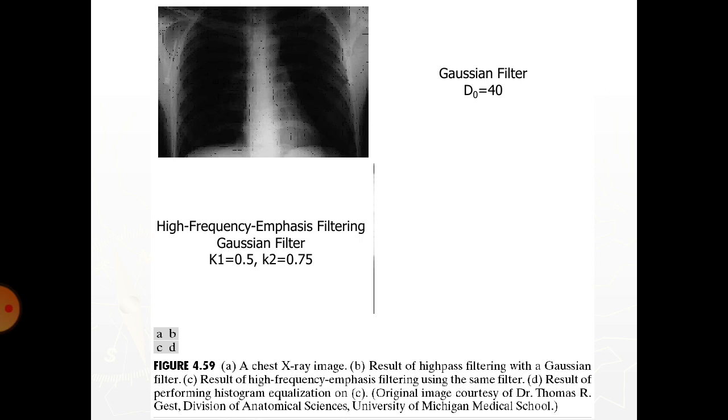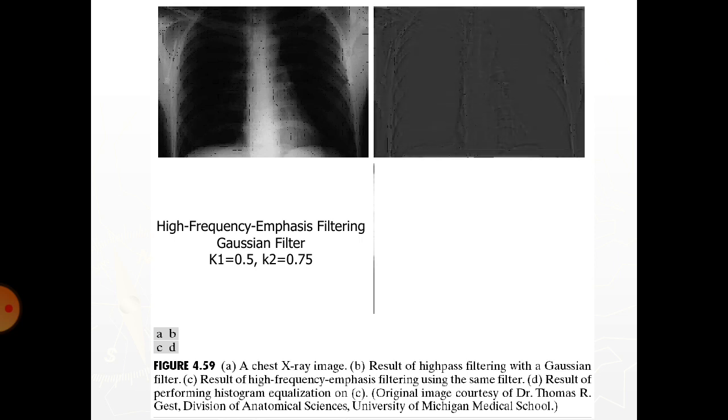Here in this figure is a 416 by 596 chest X-ray with a narrow range of intensity levels. The objective of this example is to enhance the image using high frequency emphasis filtering.